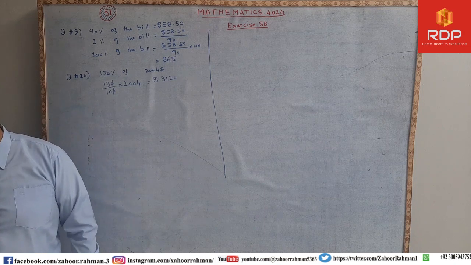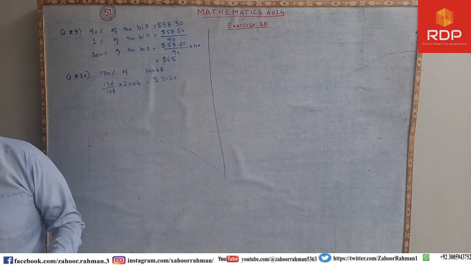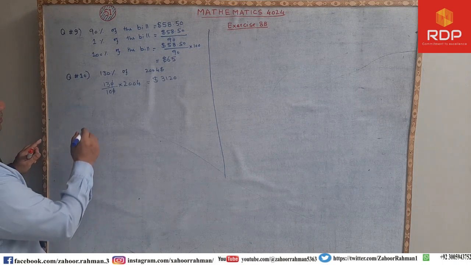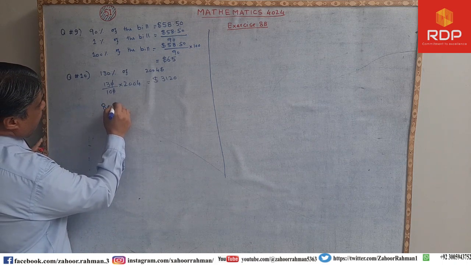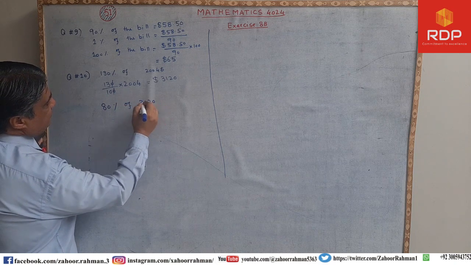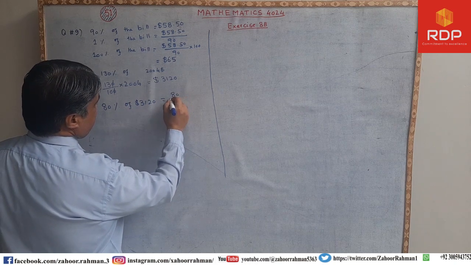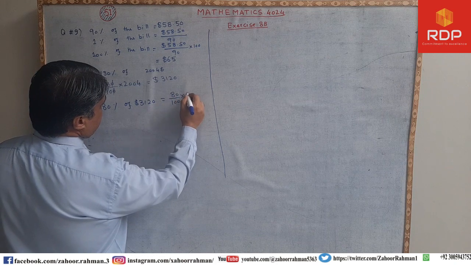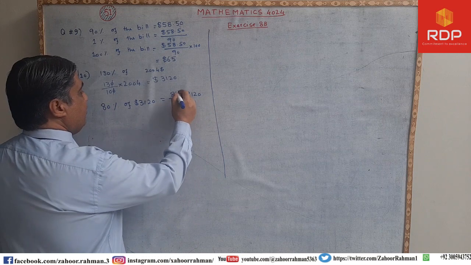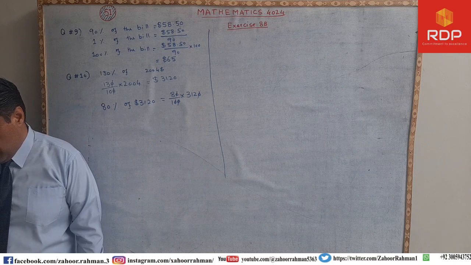But there is further simplification. The value obtained is next decreased by 20%. So we have to find 80% of $3,120, which is equal to 80% multiplied by 3,120. 10 is cancelled with this, and 10 is cancelled with this one.